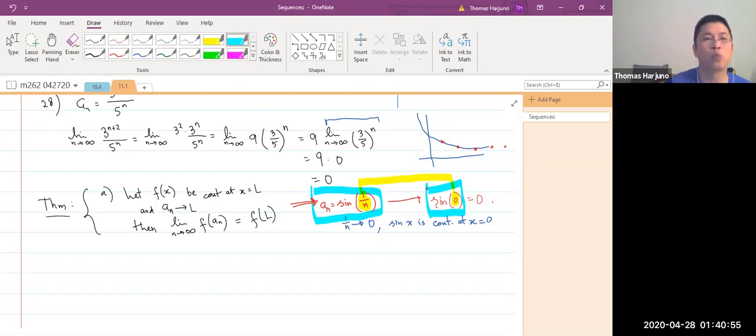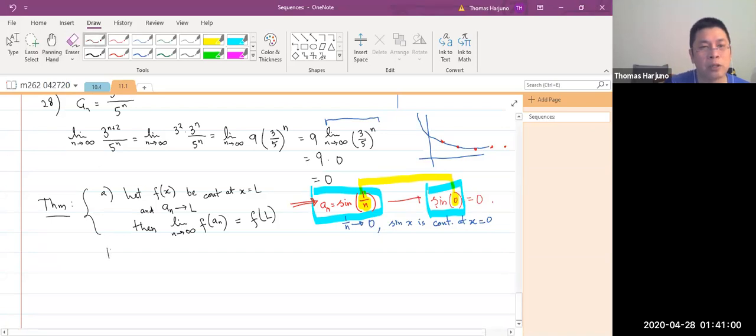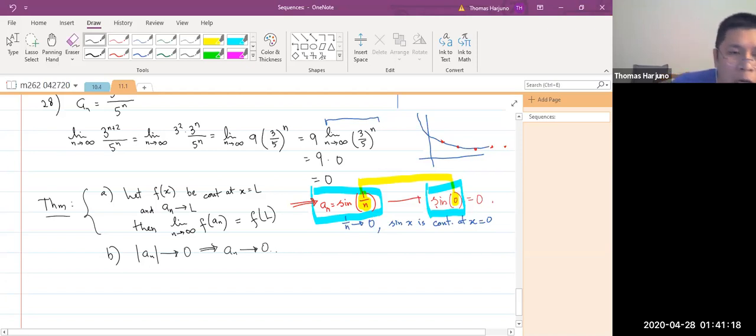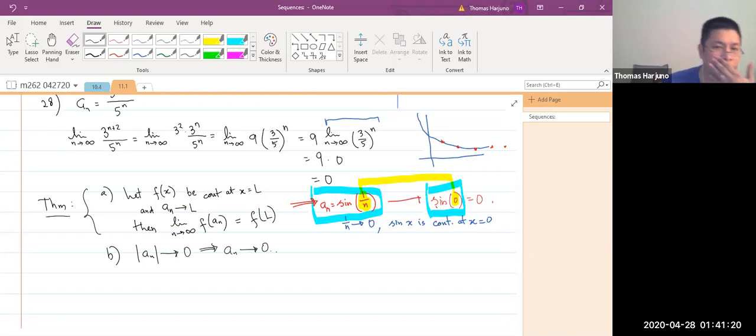That's one. Another good theorem to know is: if the absolute value of a sub n converges to 0, then a sub n converges to 0. Only for 0, not for other numbers, only for 0.